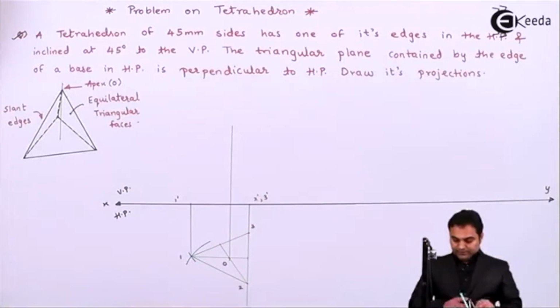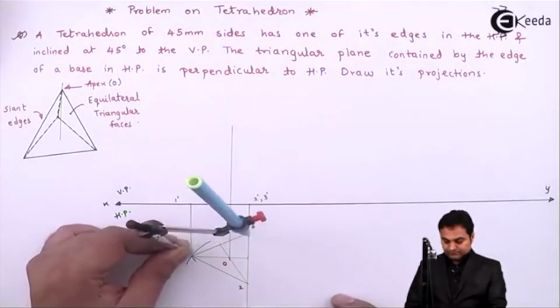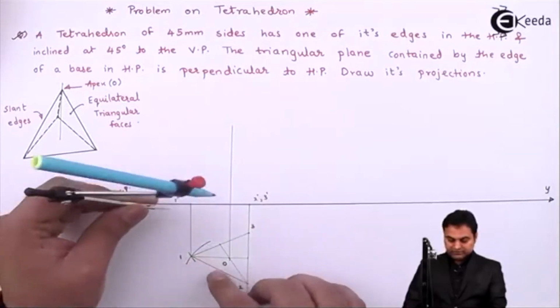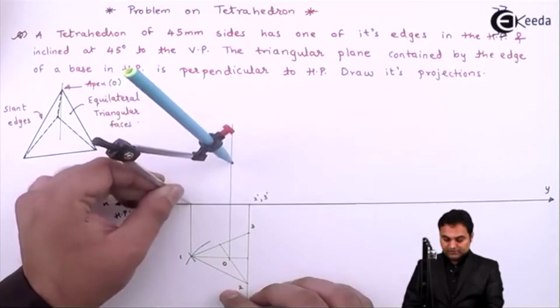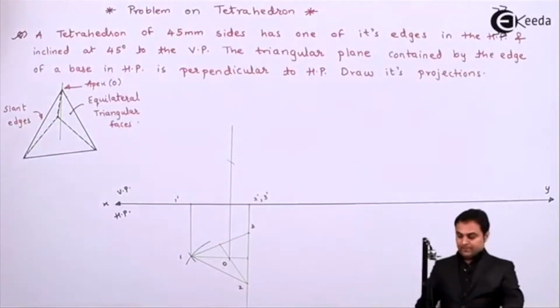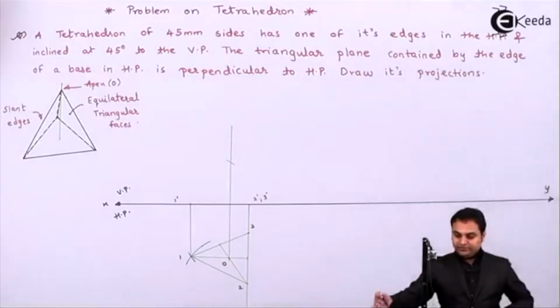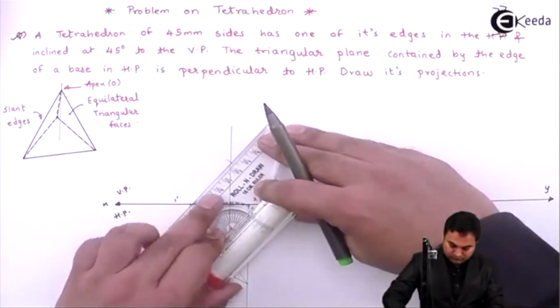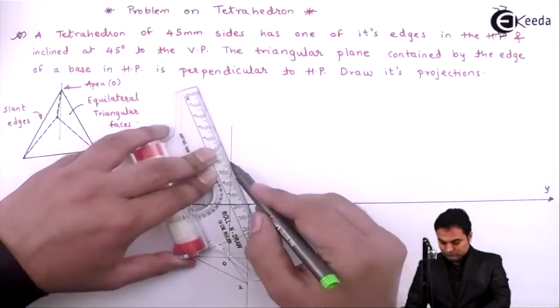So from this point, which is the corner 1 dash, I am going to mark it on this line which is passing through the apex. Joining it will give me the tetrahedron.